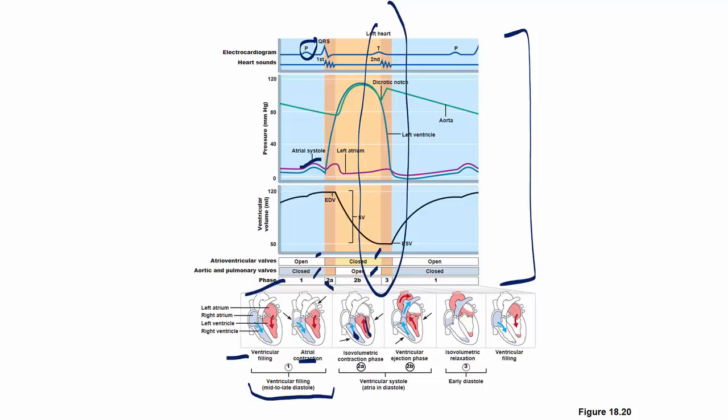The other thing, I like this little green one. This is called the dicrotic notch. And that is the pressure in the aorta. And so you can see that when the ventricle is going through ventricular systole, when it's contracting, you're increasing the pressure in the aorta. Okay, so you're forcing blood to the aorta, increasing the pressure.